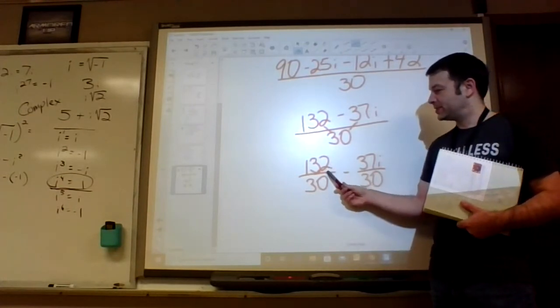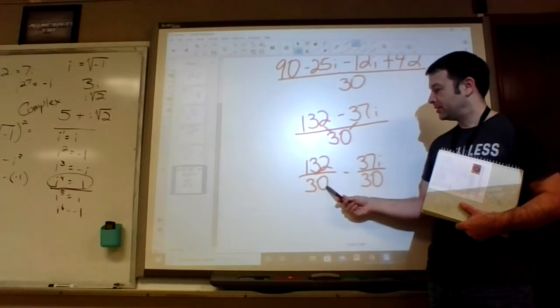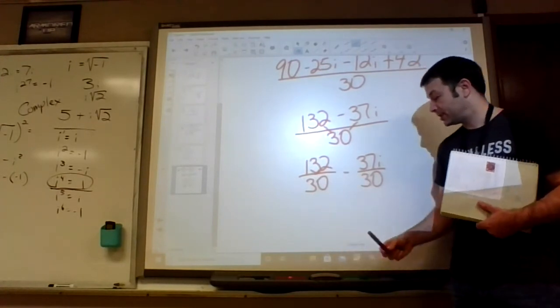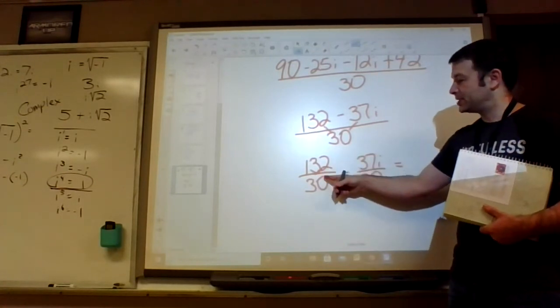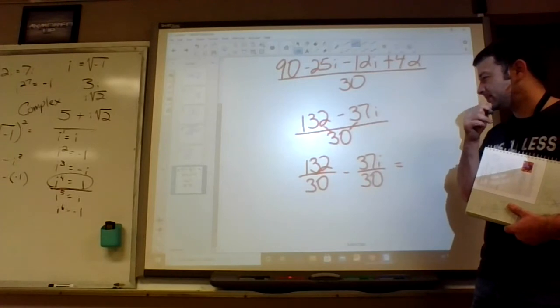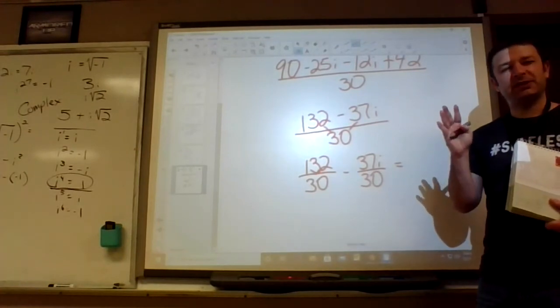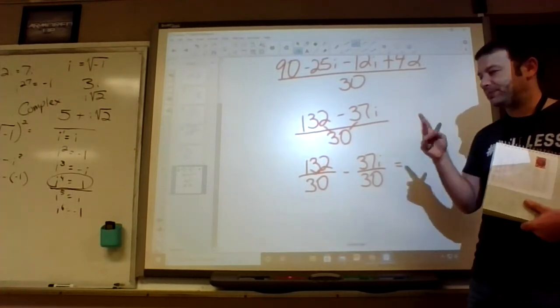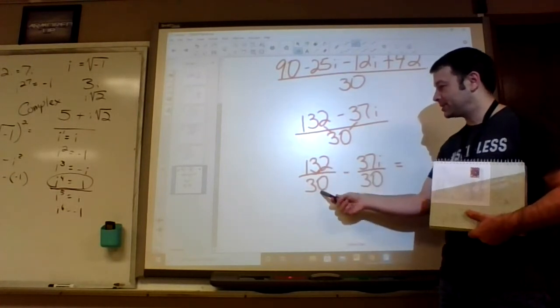And I believe this is going to reduce here, right? You can divide both of those by 2 because they're even. So that will be 66 over 15. Nope, you can divide them by 6. Yeah, 66 and 15, 3 could go into them, and if 3 and 2 go into them, that means 6 could go into this.